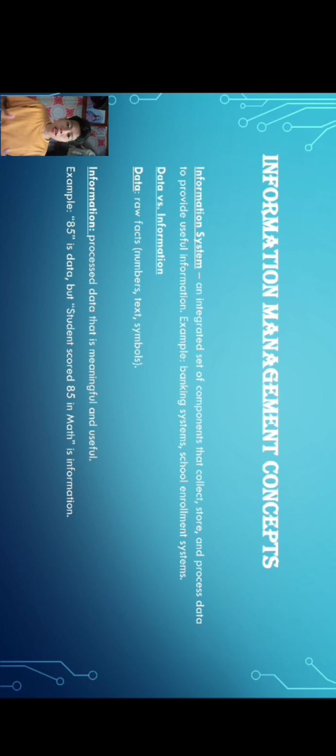So next is data versus information. Data means raw facts, numbers, text, symbols, while information is processed data that is meaningful and useful. Example: 85 is data, but "student scores 85 in math" is called information. So that's the difference.